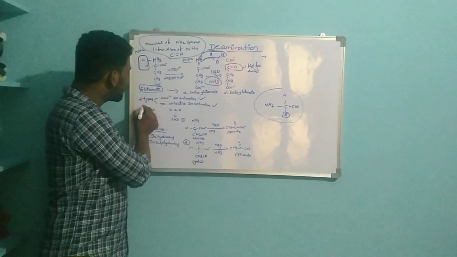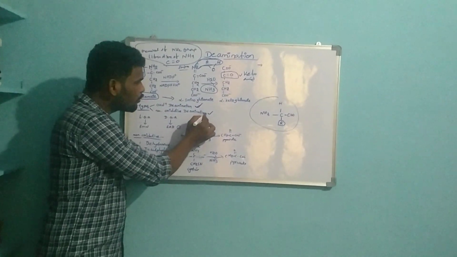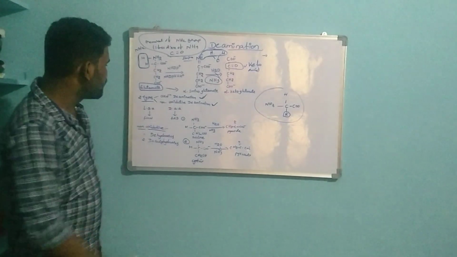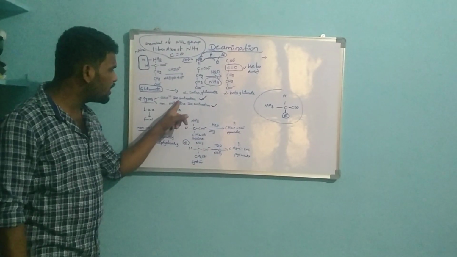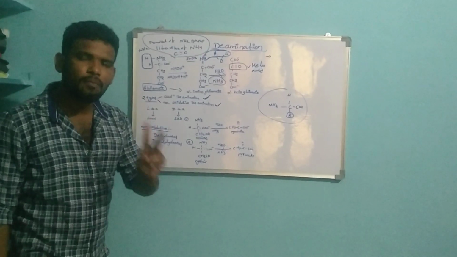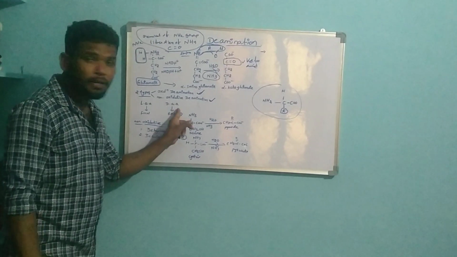So deamination consists of two types: oxidative deamination and non-oxidative deamination. Let me explain oxidative deamination. Two types of amino acids are involved: levoamino acid and dextroamino acid.